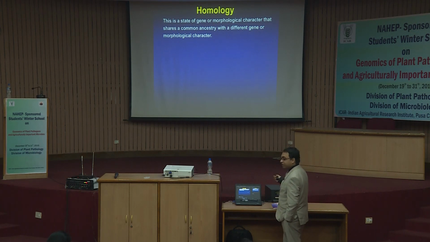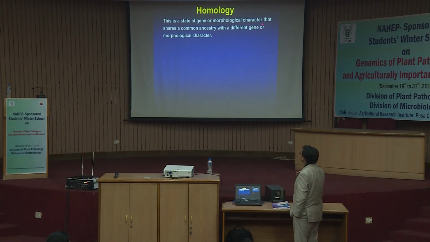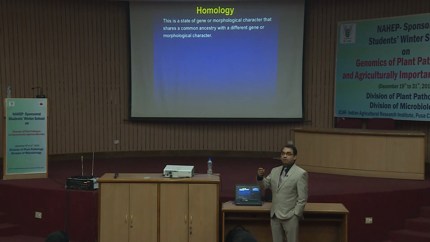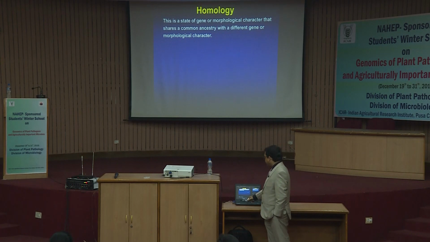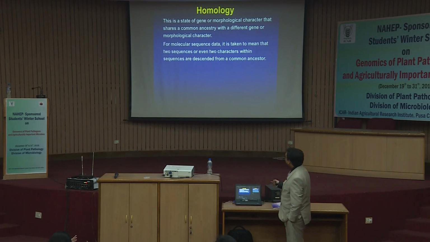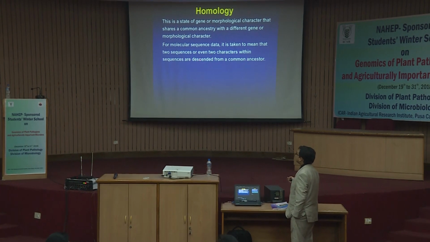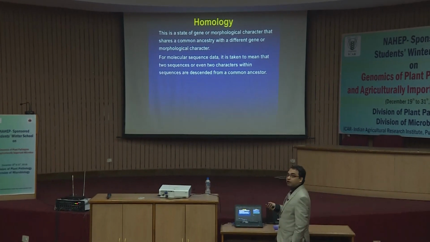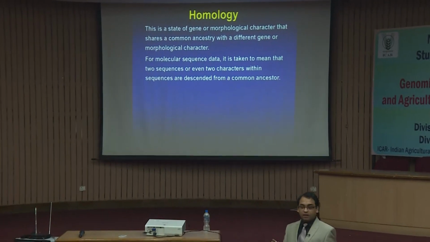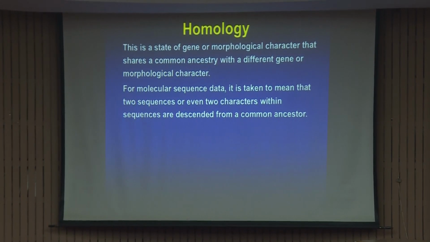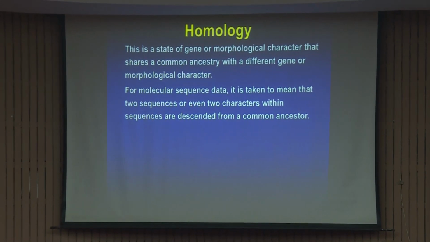You remember, it is a state of a gene or morphological character that shares a common ancestry with a different gene or morphological character. So, it is a state of whether it has ancestry with another sequence or not. For molecular sequence data, it is taken to mean that 2 sequences, or even 2 characters within the sequence, are descendant from a common ancestor or not. Okay. So, it is purely related to the ancestral relationship, whether that is there or not.